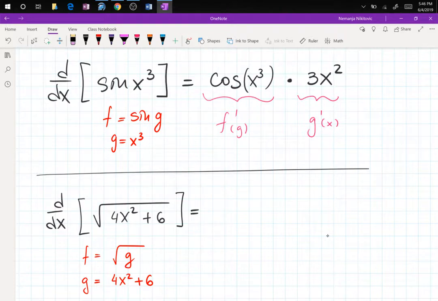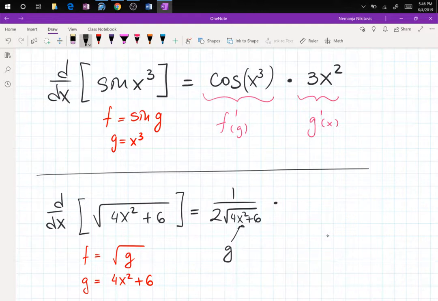So now, what is the derivative of the square root of g? Well, the derivative of the square root of g is the standard 1 over 2 square root of g, which is 4x squared plus 6. That's your g.